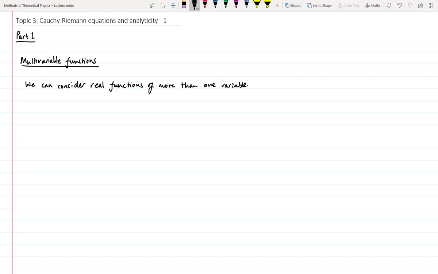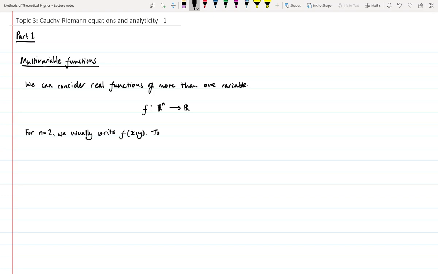So we might write this function as f, and it maps a collection of n real numbers to an output, which is also a real number. For n equals 2, so where there are 2 inputs to the argument, we usually label the arguments as x and y.